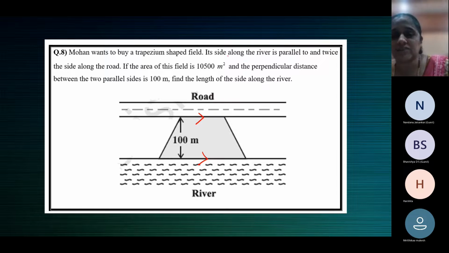And it's given that the side along the river is parallel to, that we know. Let me read it like this. Just a second, children.